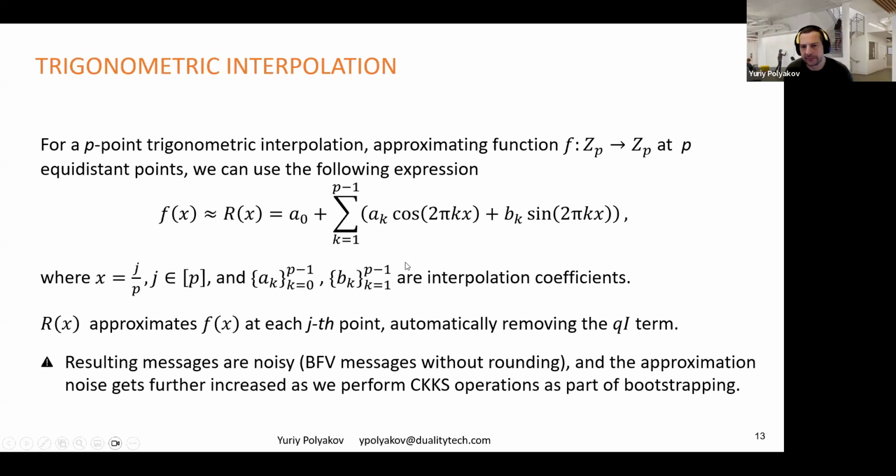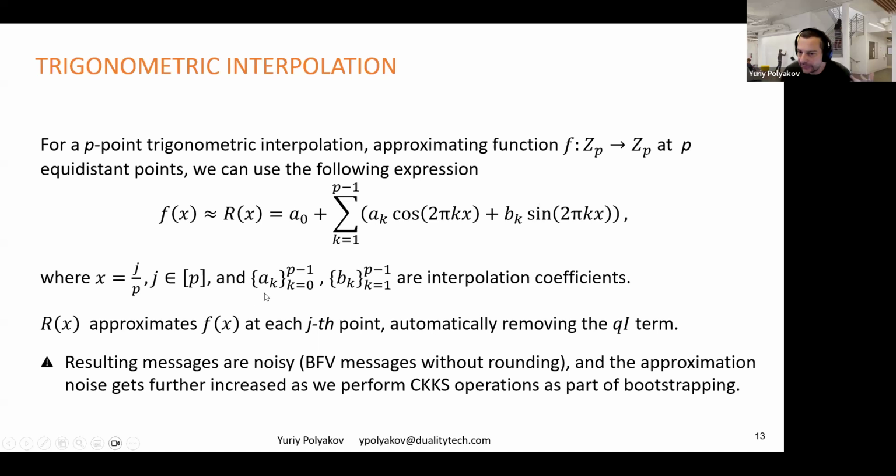One could use a standard Fourier series; trigonometric interpolation is a sum of sines and cosines, a well-known result. A nice property of this function is that it automatically removes the qi term, so it provides the bootstrapping capability. It also allows us to evaluate functions mod p, not just at a single point. So we can use the full range in the period, not just a small area, like in the case of CKKS bootstrapping.